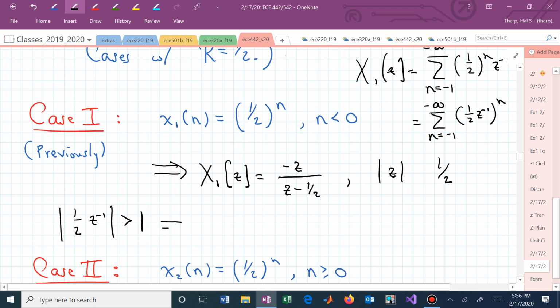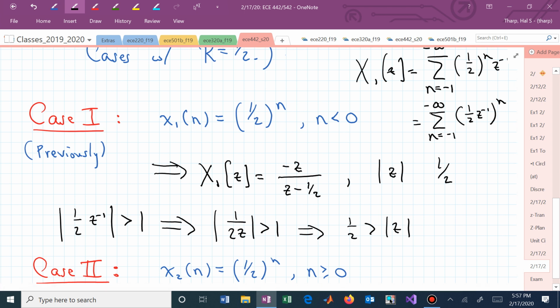So that this now tells us that we have 1 over 2z bigger than 1. Or this now says that we have 1/2, if we solve for the magnitude of z, if we multiply both sides by the magnitude of z, we see that this is now our region of convergence.